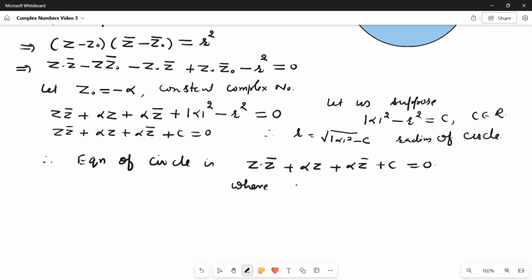Here center is minus alpha and radius is equal to square root modulus alpha square minus c.